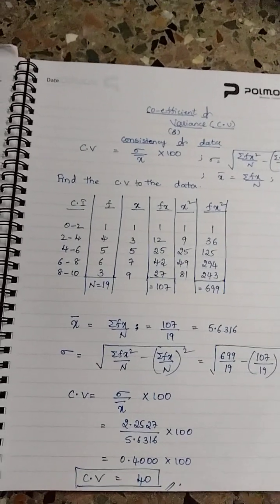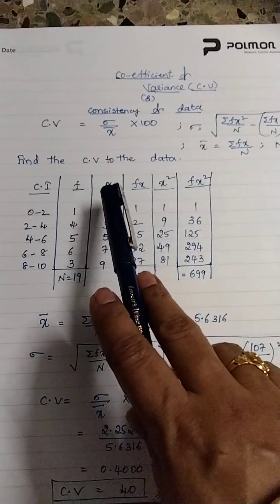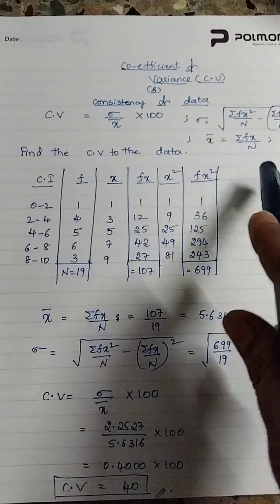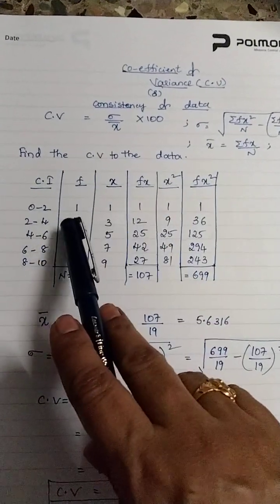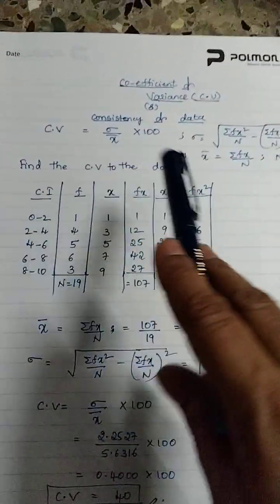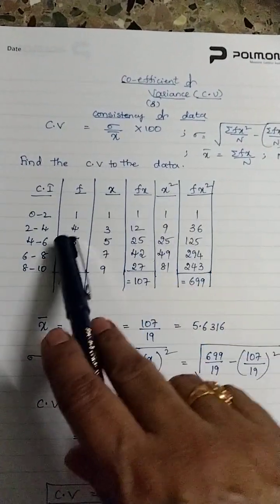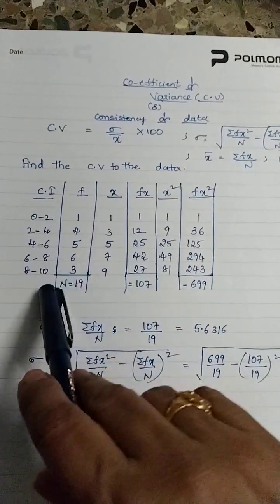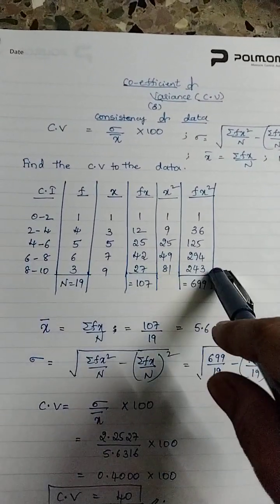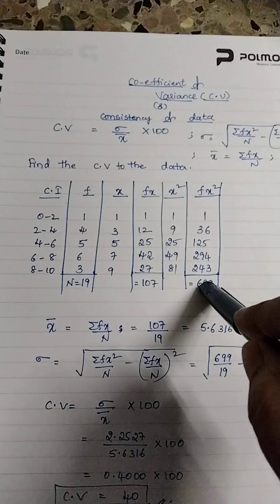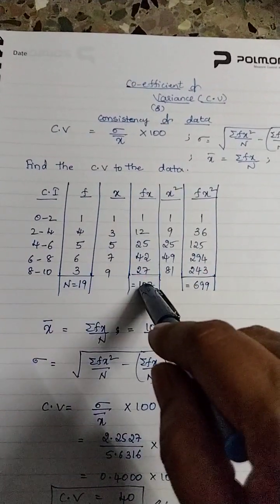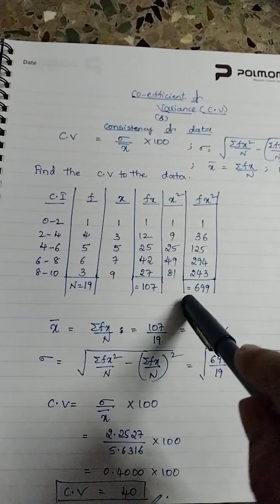That is x, fx, x square, and f into x square. F into x square is 1 into fifth column. 1 into 1, 4 into 9, similarly up to 3 into 81. This last column total, fourth column total and second column total you need.